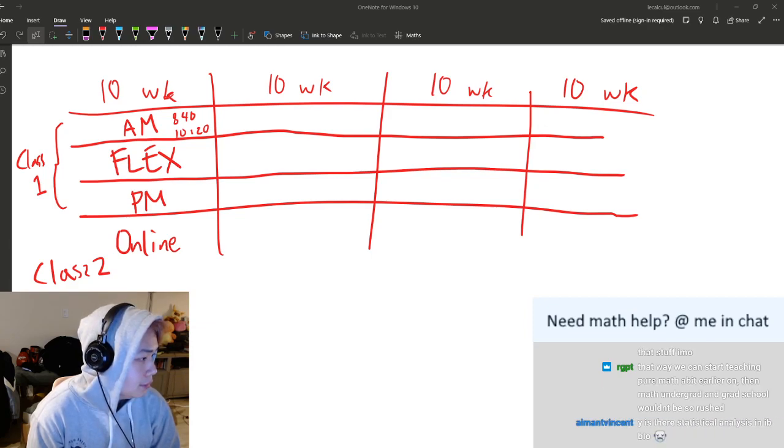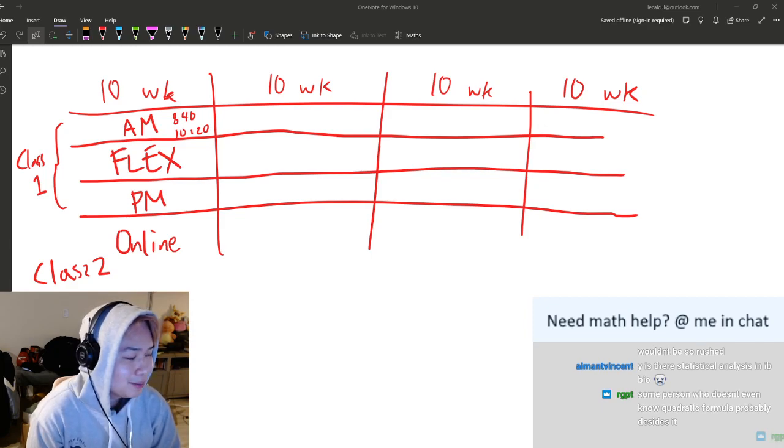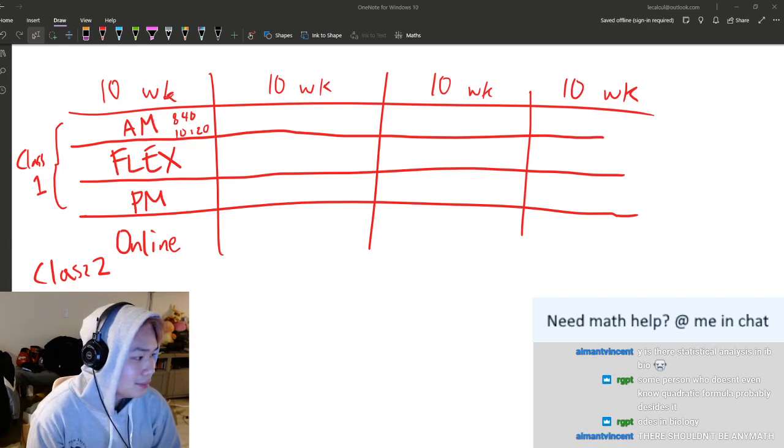Oh, why is there statistical analysis? Because it's biology. What other math can you do besides statistics? Some person who doesn't even know the quadratic formula.